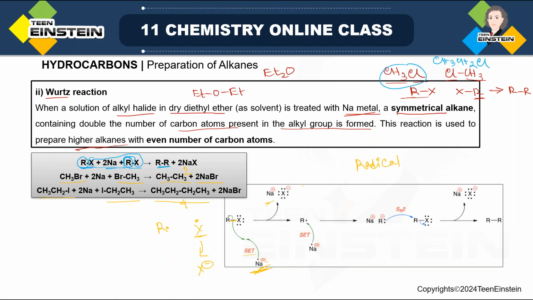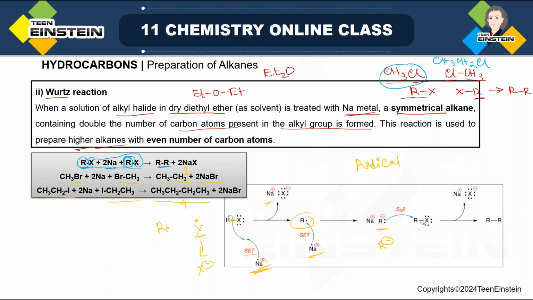So this Na plus can combine with X minus. Now come to R dot. This R dot can take another single electron transfer from another sodium. Now it is becoming R minus, and the counter ion we can have is Na plus, because in the medium this is the only positive ion, Na plus.